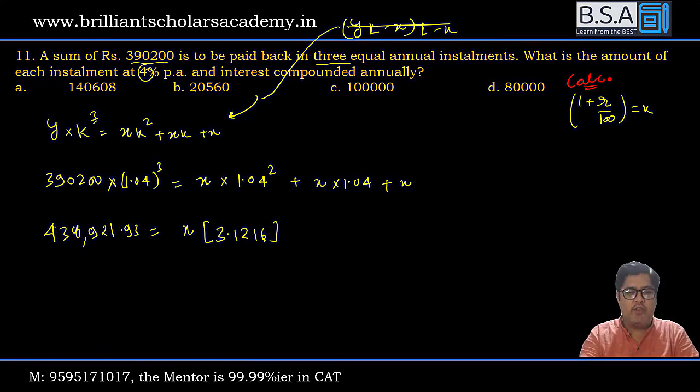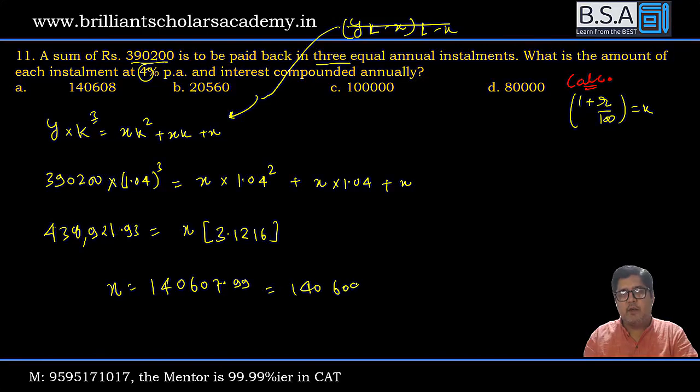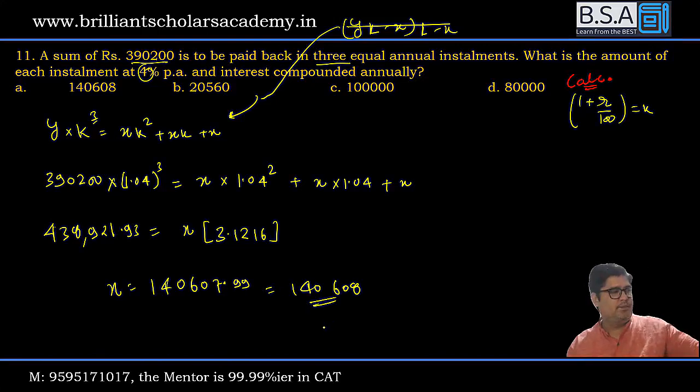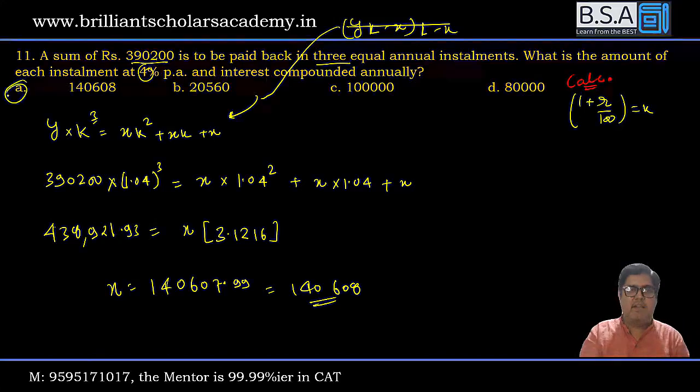So I have to use this and divide the value 4,38,921.93. So the precise answer that turns out is 1,40,607.99, which is basically 1,40,608. Answer option A makes perfect sense.